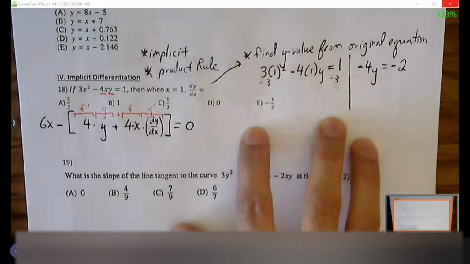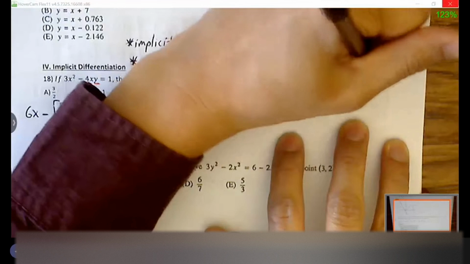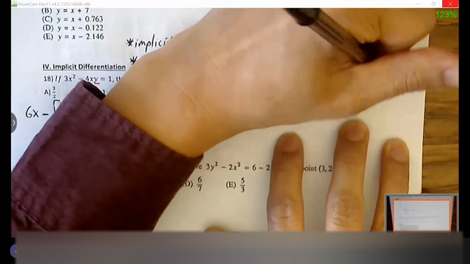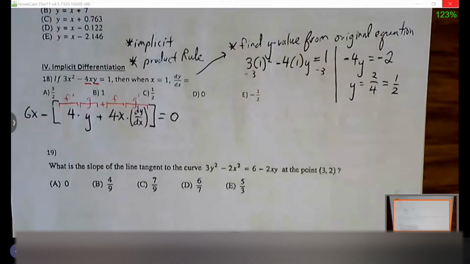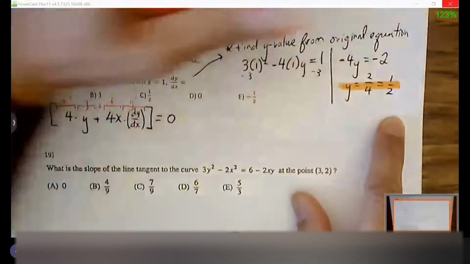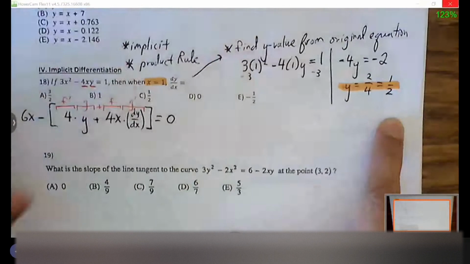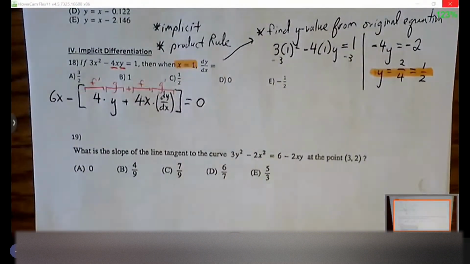Divide both sides by negative 4, I get y is equal to 2 over 4, which is 1/2. So now I should be ready because I have my y value, I have my x equals 1, and now I can enter all this in and solve for dy/dx.